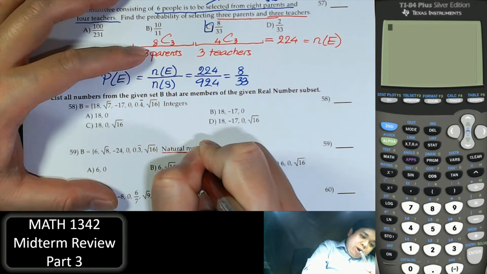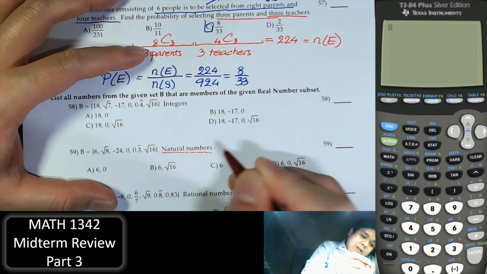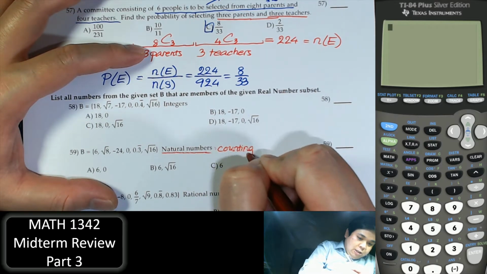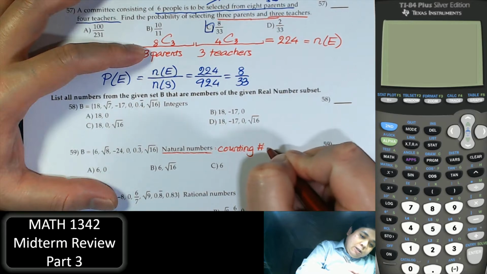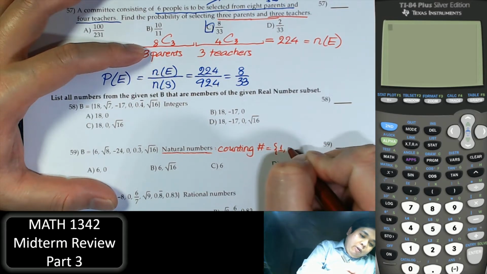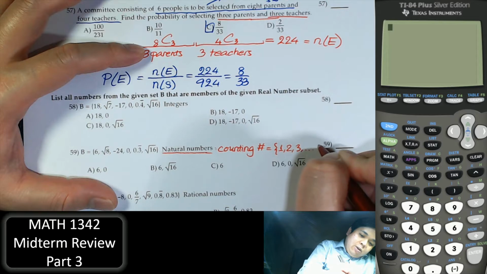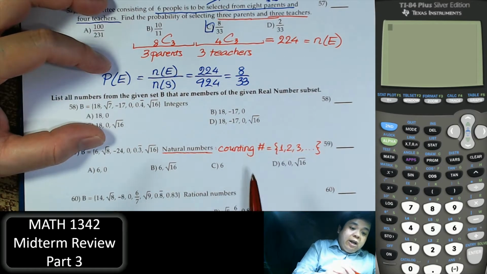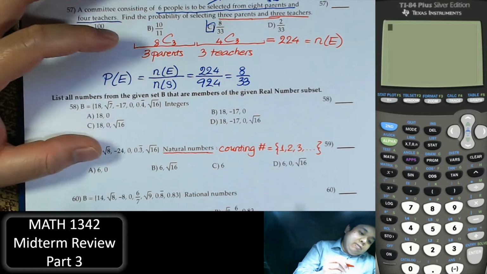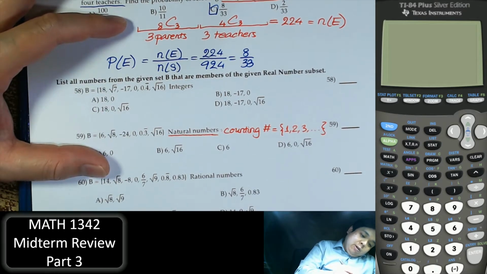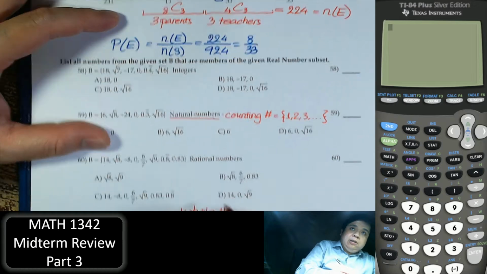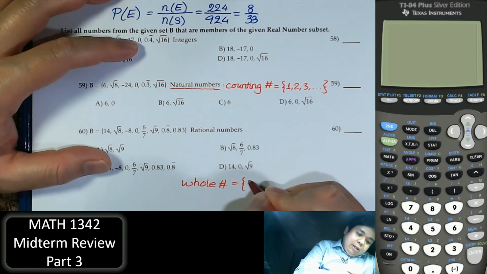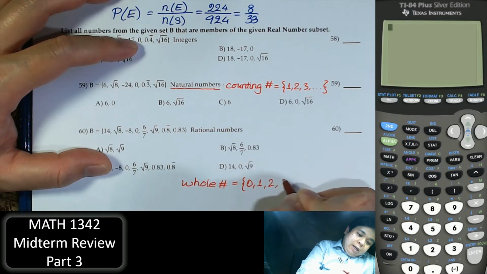First, natural numbers, counting numbers, counting from 1, 2, 3, and so on. Does not include 0. If there's 0, that will be whole numbers. Whole numbers will have 0 and so on.